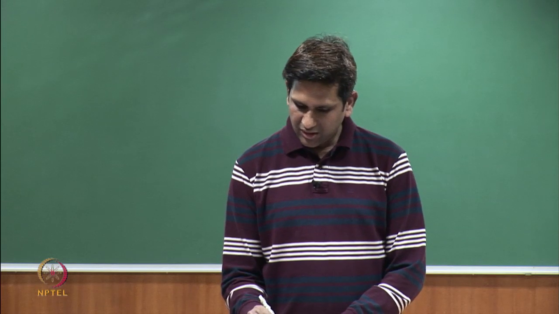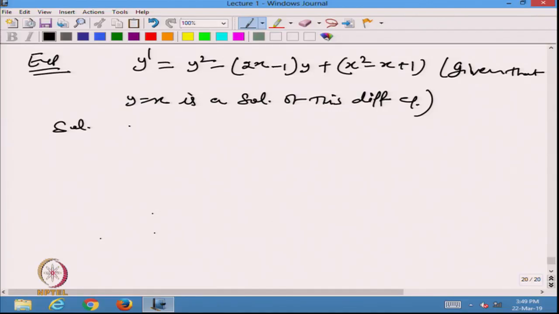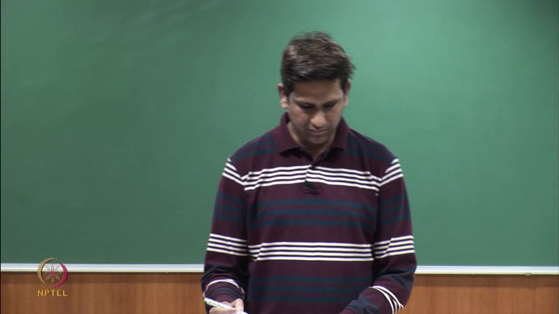So, for the solution, let us take the transformation y(x) = x, that is known to me, plus 1 over z, where z is the solution of the reduced problem.